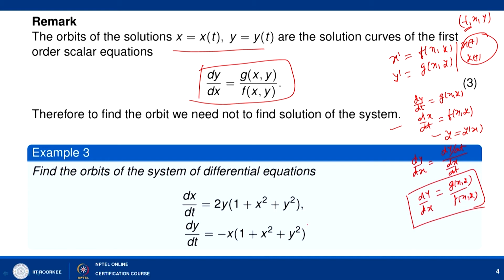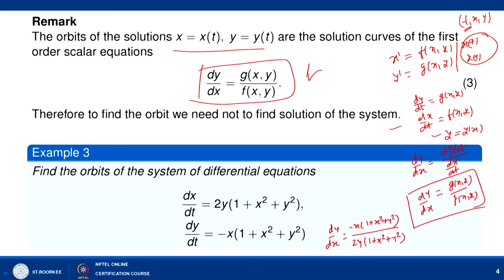Still, we can find the orbit as follows. We simply calculate dy/dx = g(x, y)/f(x, y), that is, -x(1 + x² + y²) divided by 2y(1 + x² + y²).